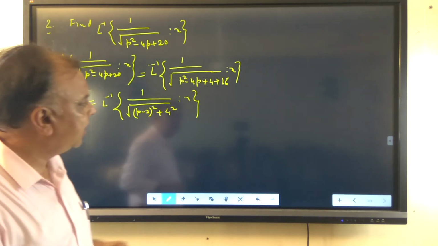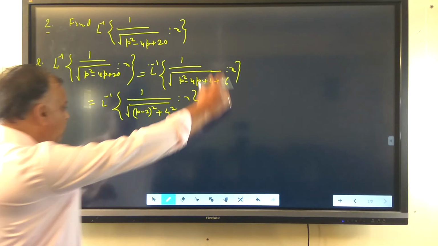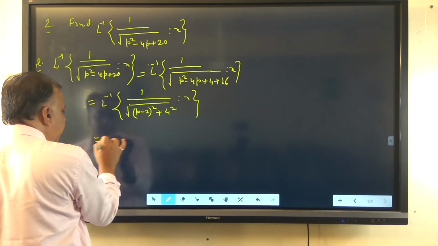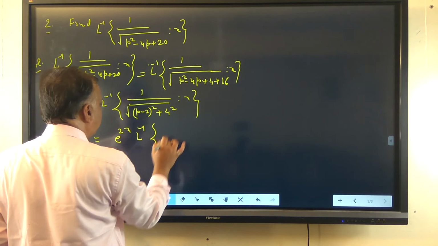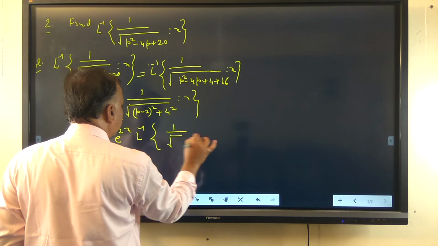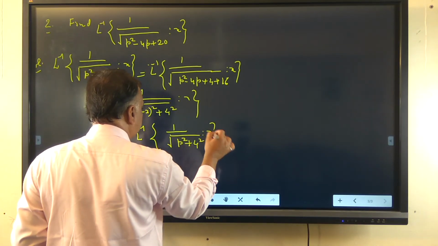Now first we use the first shifting property. By using it, this can be written as e raised to 2x times the inverse Laplace transformation of 1 upon under root of p² + 4² with respect to x.